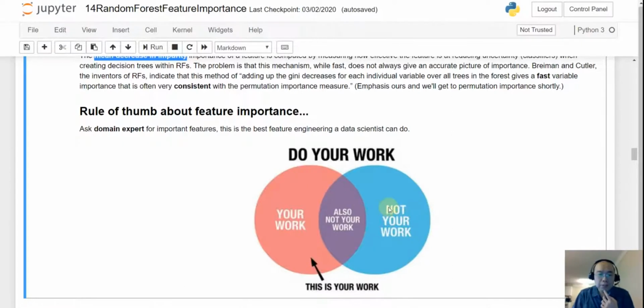And then the feature importance is kind of somewhere in between. So my suggestion is, don't just take it as your job. Go ahead and ask the domain person for help first, and if they say, okay, I'm not quite sure, then go ahead and find the feature importance by yourself.